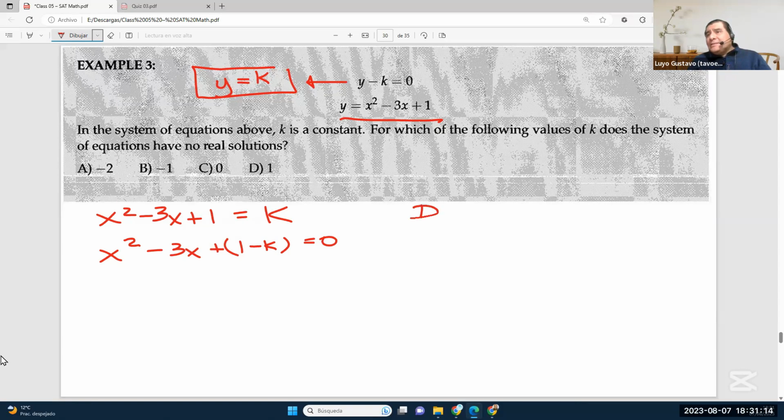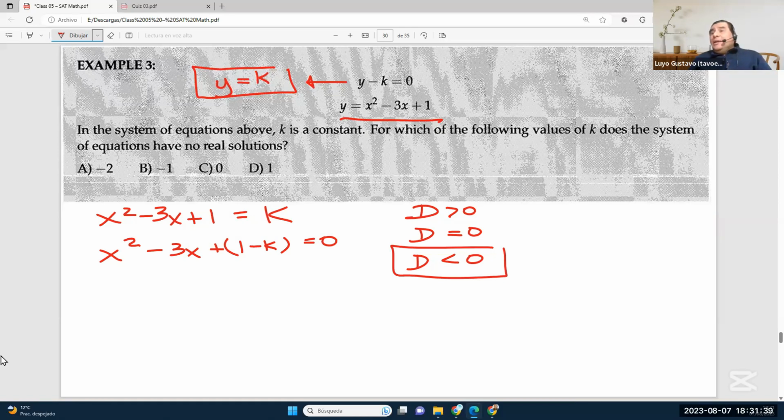Remember the three cases? Discriminant greater than 0, discriminant equal to 0, discriminant less than 0. Which one should we look for, or which one should we expect in case there are no real solutions? Very good. This one. Thank you, Luciana.